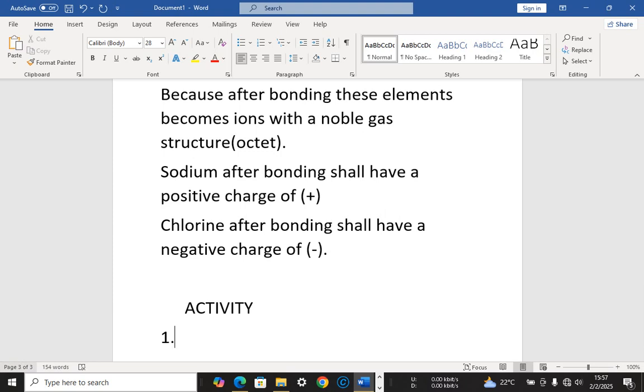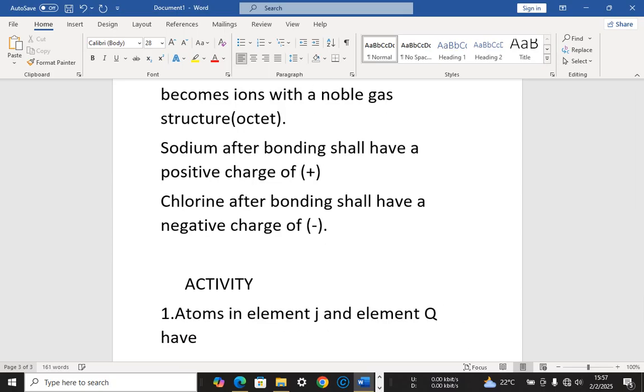It says that atoms in element J and element Q have proton numbers 12 and 17 respectively.